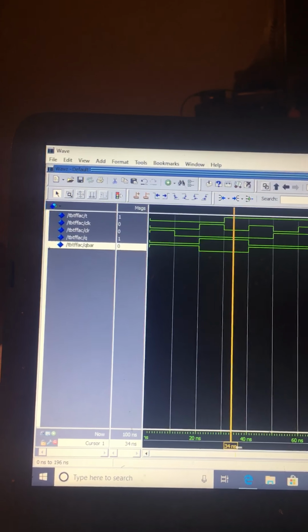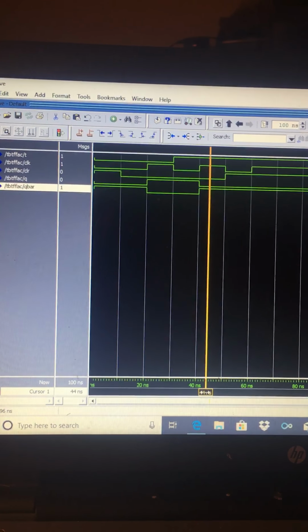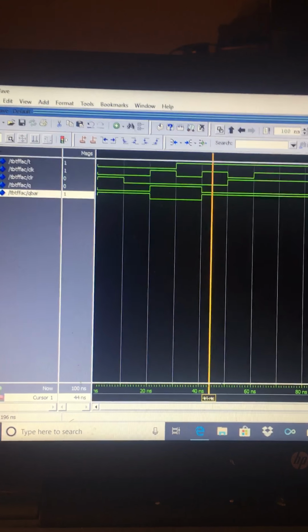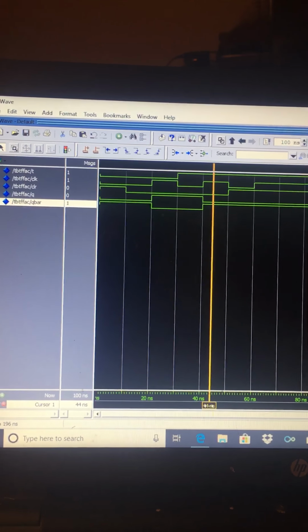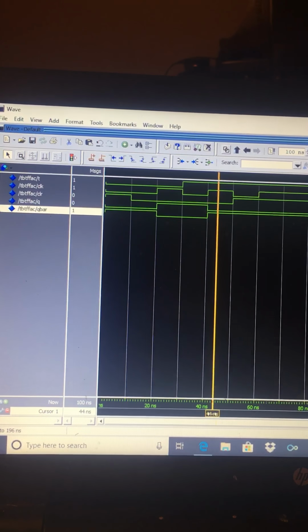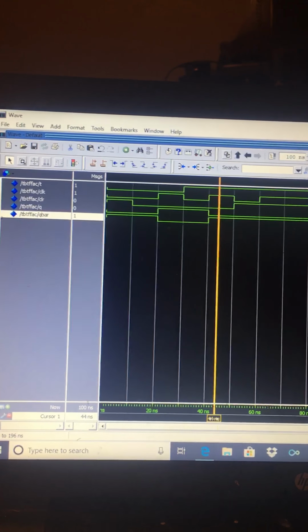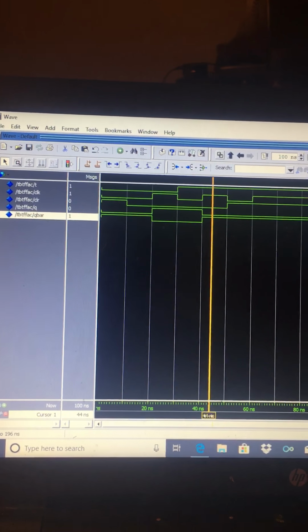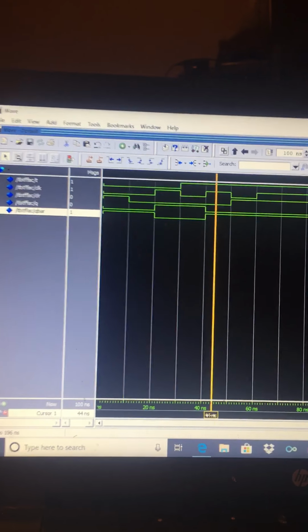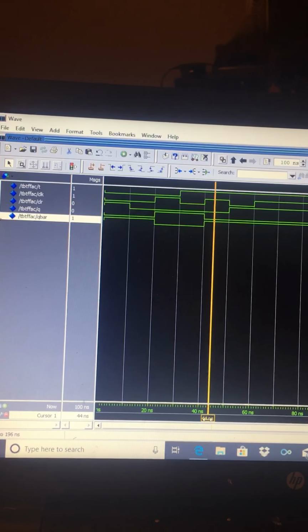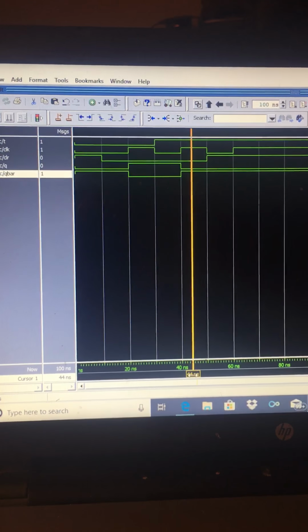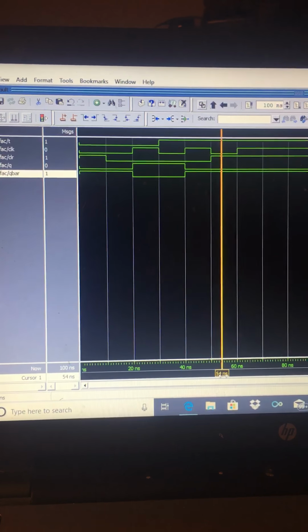Next, you have T is equal to 1, clock is equal to 1, and clear is equal to 0. Because T is equal to 1, and it is the rising edge of the clock, it toggles, and Q becomes 0, and Q bar becomes 1.